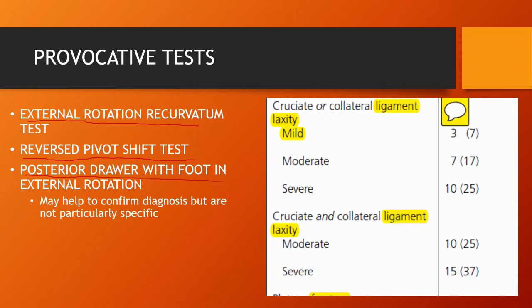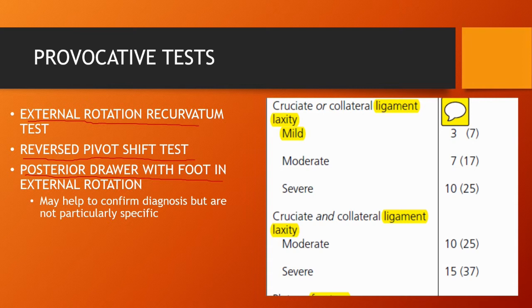And with the foot in external rotation, you as the examiner would simply apply a posteriorly directed force to the tibia on the femur. And if there is posterolateral rotatory instability, you will detect this on this maneuver. You'll detect this as the tibia subluxes posteriorly relative to the femur. Okay, so that is the lateral collateral ligament.